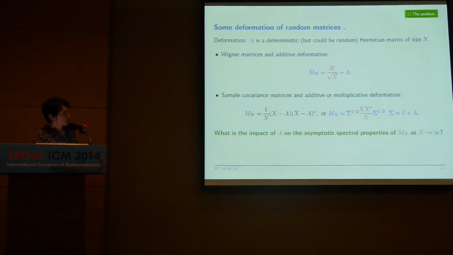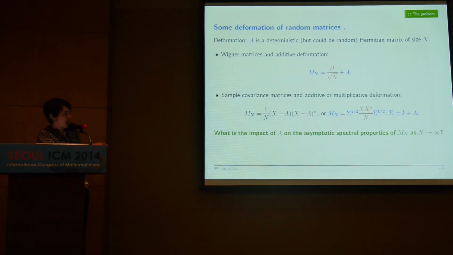We can do the same for sample covariance matrices by simply translating the rectangular matrix X with a matrix A, and then form a sample covariance matrix. More interestingly, we can consider multiplicative deformation. So for this, we consider a matrix sigma, which is the population covariance actually, and which is a deformation of the identity matrix.